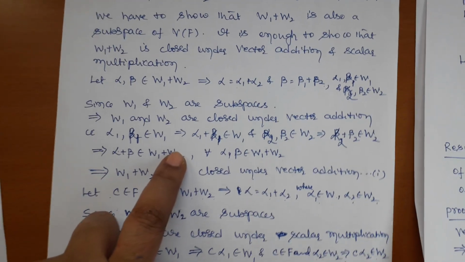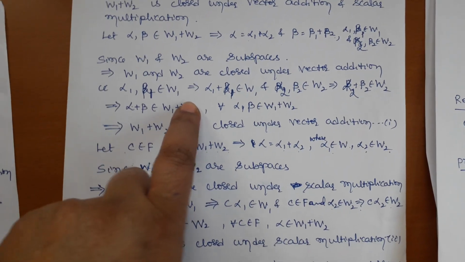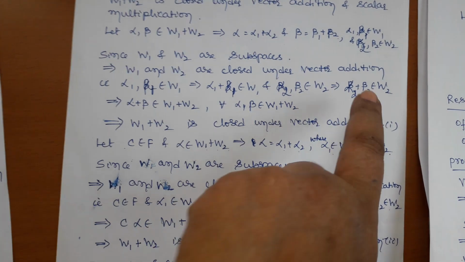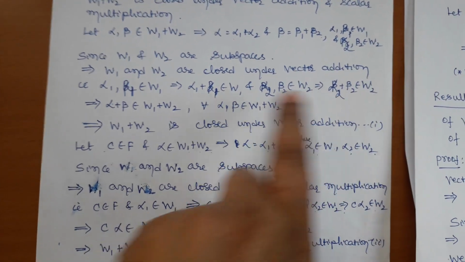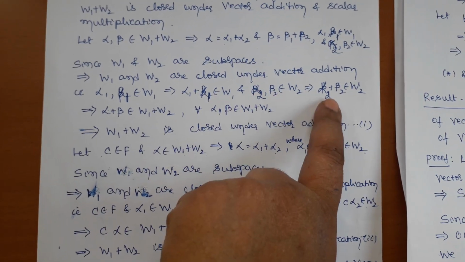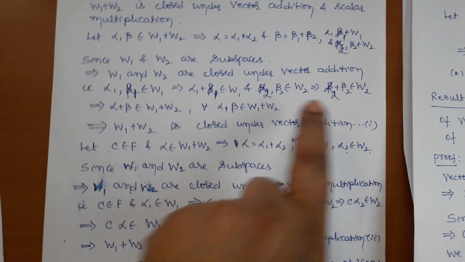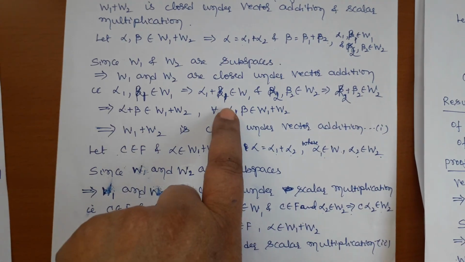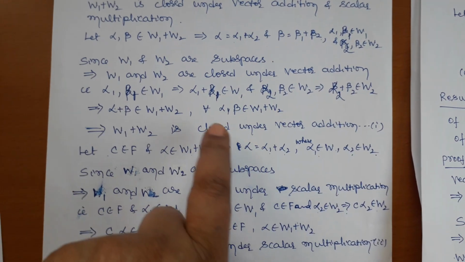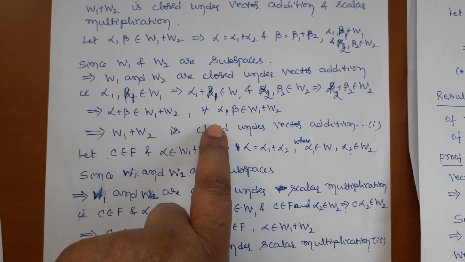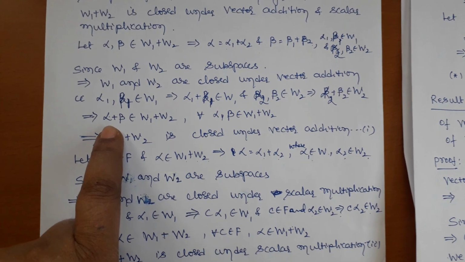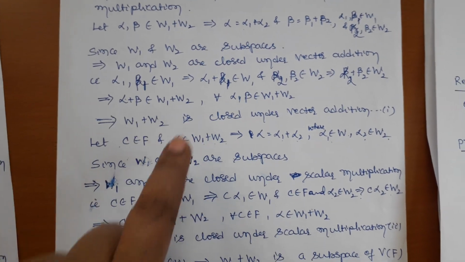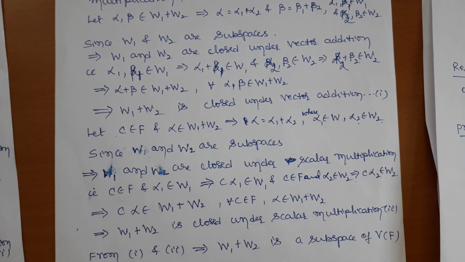Alpha 1 plus beta 1 belongs to W1, and alpha 2 plus beta 2 belongs to W2. Group alpha 1 plus alpha 2 and beta 1 plus beta 2, which are alpha and beta. Then clearly alpha plus beta belongs to W1 plus W2. Therefore, W1 plus W2 is closed under vector addition.